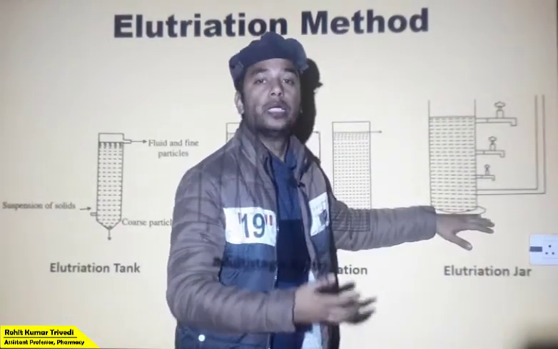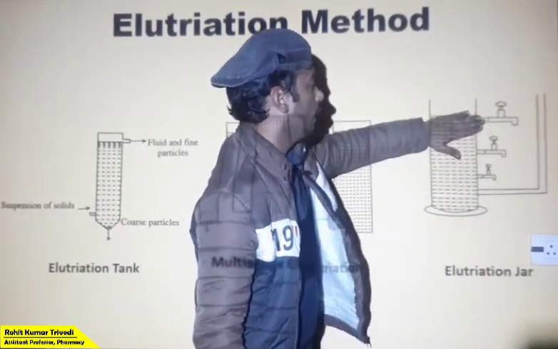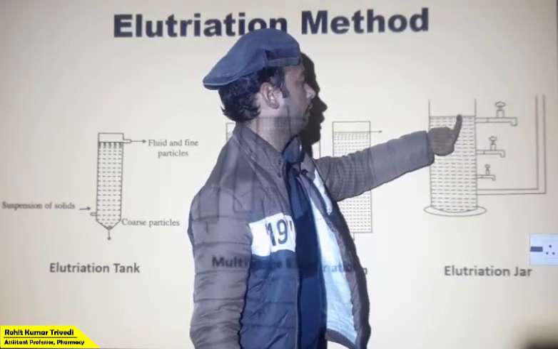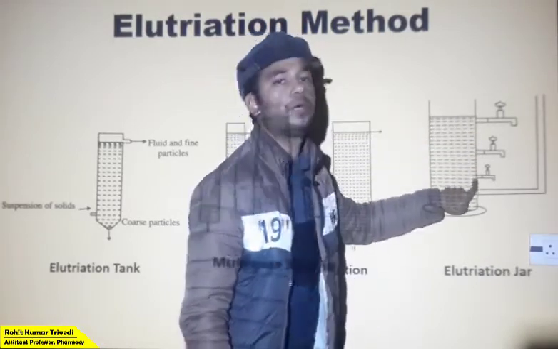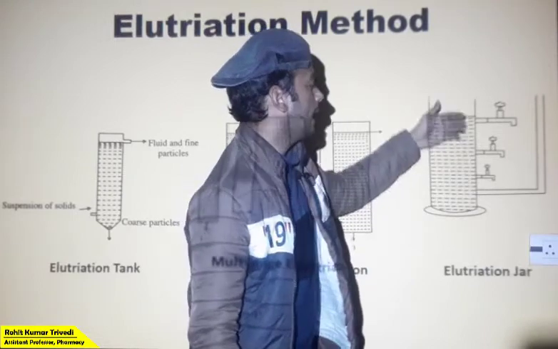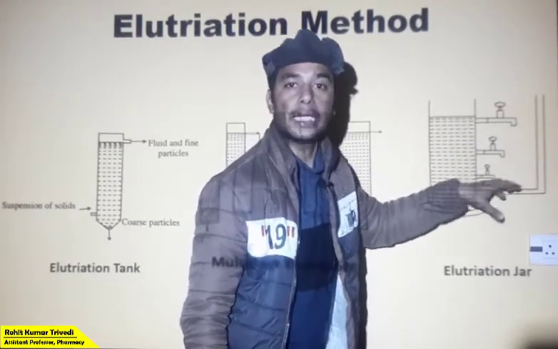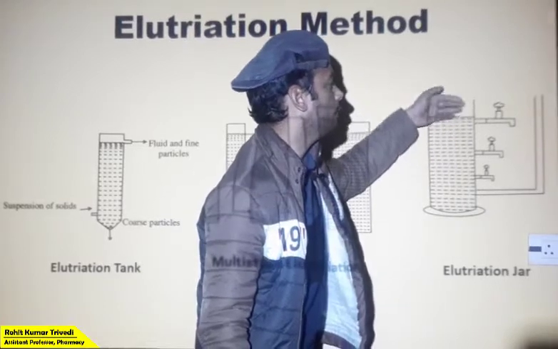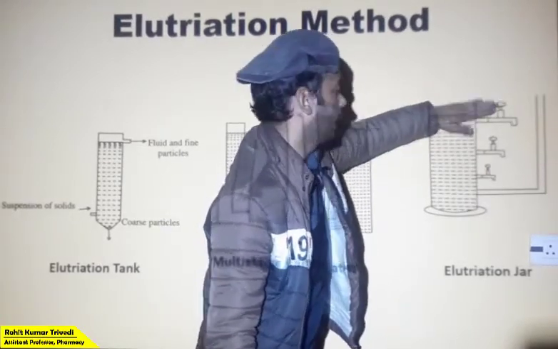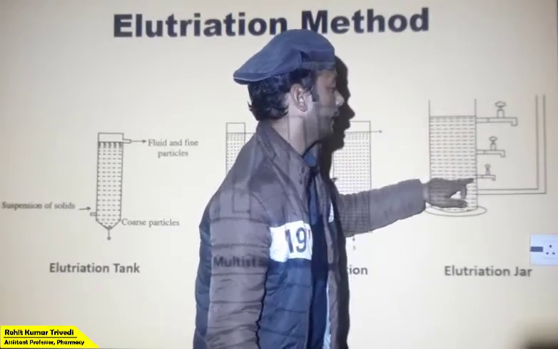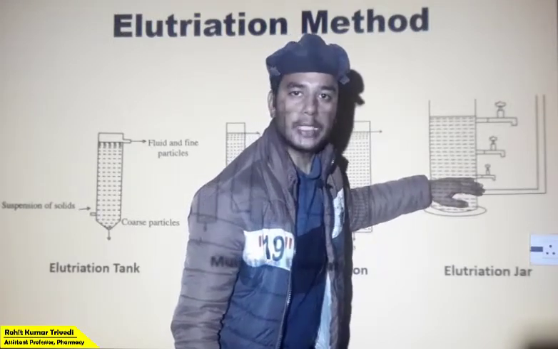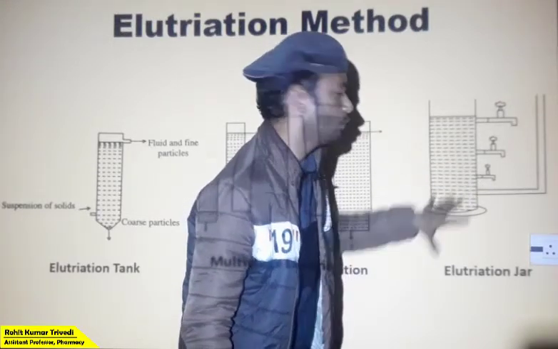We will be having a huge jar on which we will have applied three different outlets, and from these three different outlets we will be getting the particles of different sizes. The low density particles will be obtained from the topmost area, and the high density particles will be obtained from the lowermost area of the elutriation jar.